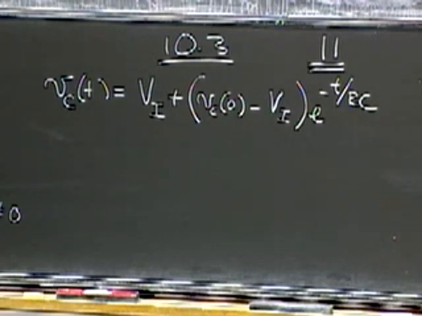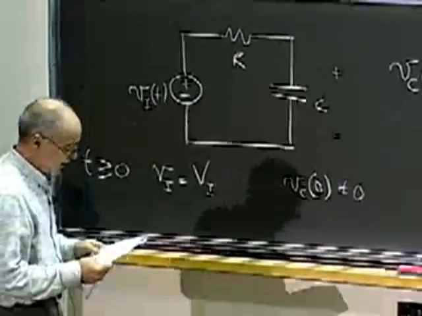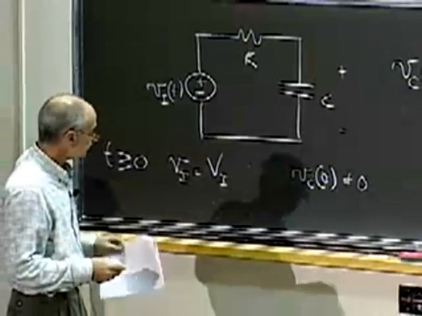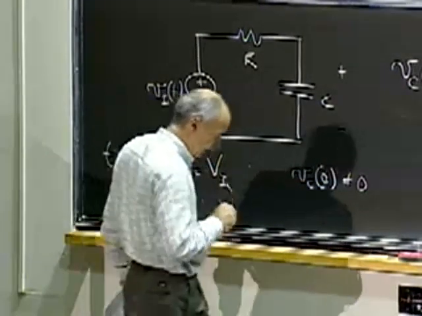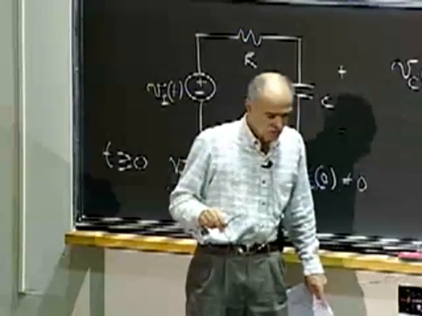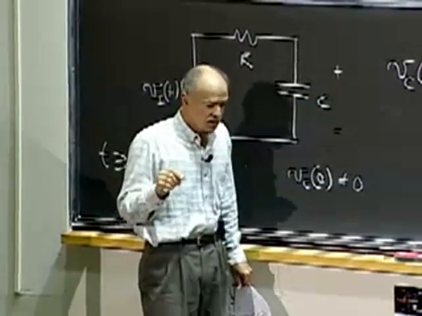So now I would like to discuss a little bit more about the storage of charge in capacitors and how we can take advantage of that for storing logic state.